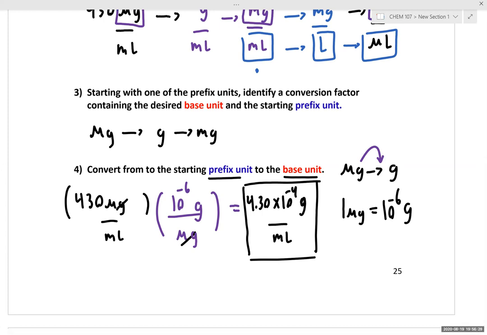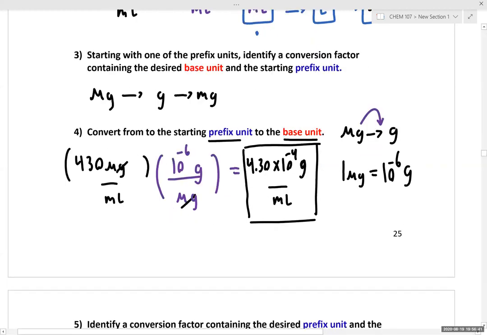This is something that we've likely seen before in our prefix to base unit conversions. Let's continue on now.